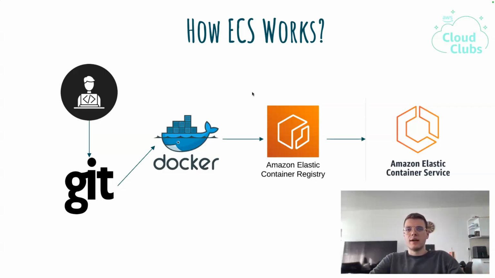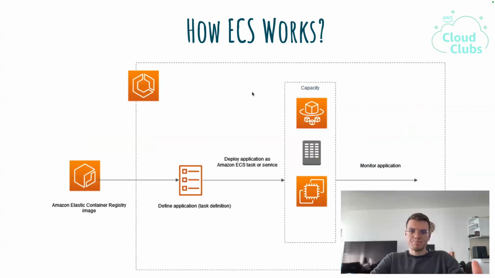If we focus on the right side of this diagram, this workflow, we'll cover how ECS actually works. Yes, we are pulling images from the Elastic Container Registry, but we need to create a task definition. A task definition is like a blueprint of how our containers should run. They're JSON based, but we can also create them through the console, step by step, in a really good user interface.